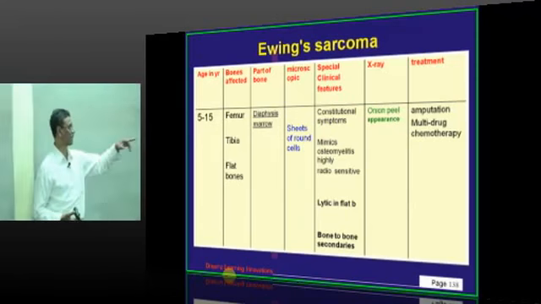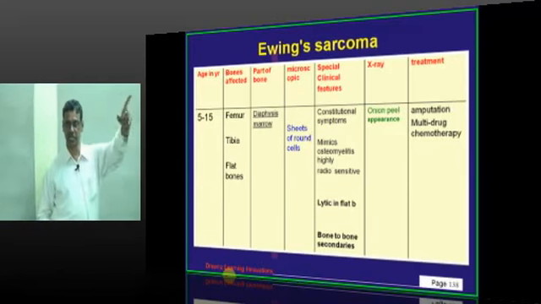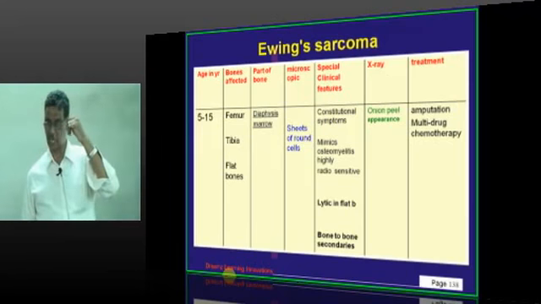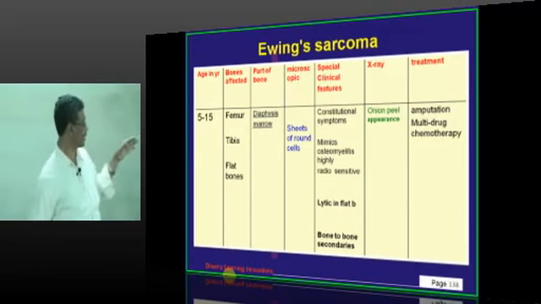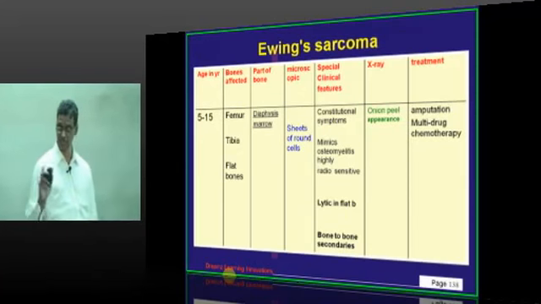And one more thing is bone-to-bone secondaries. Children, mimics osteomyelitis, constitutional symptoms, onion peel appearance of new bone in the diaphysis, but bone-to-bone secondaries, lytic in flat bones. All these are typical characters.